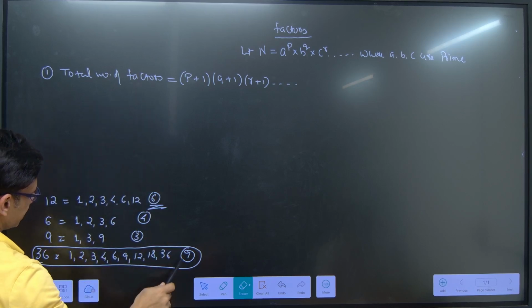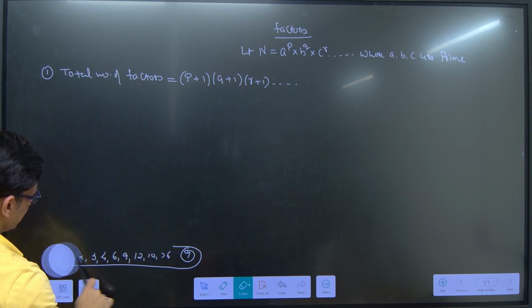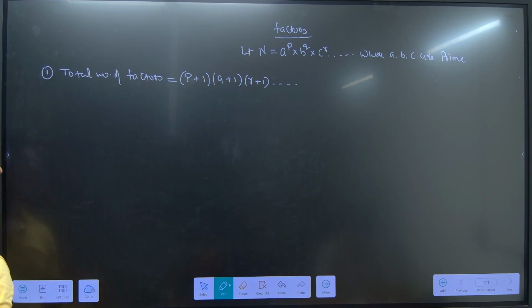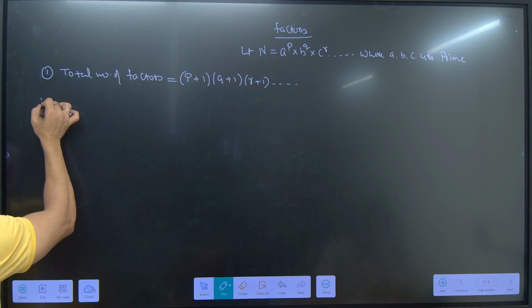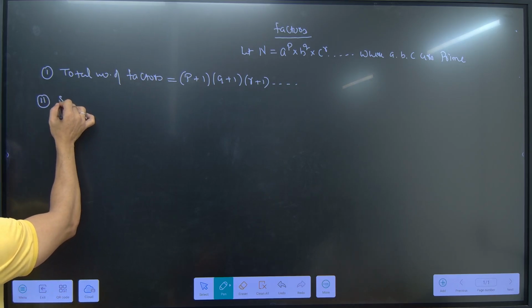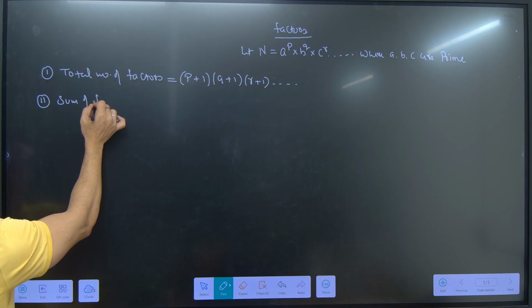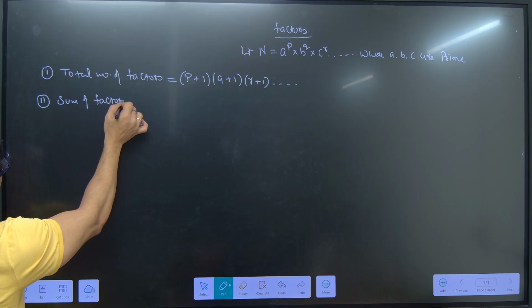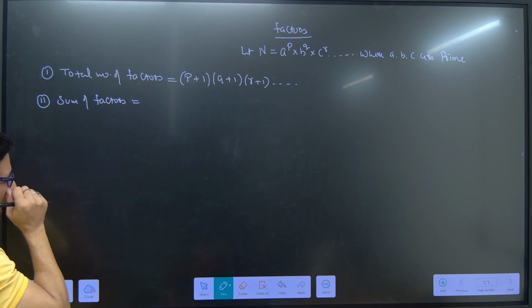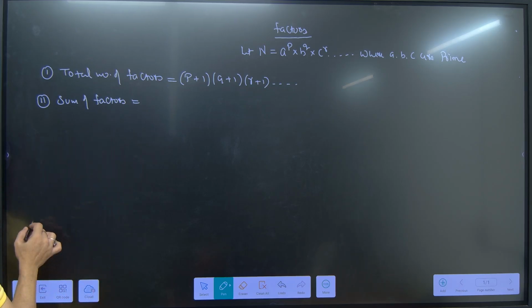Second is how to find the sum of factors. How to find the sum of factors. We'll take the example 12.